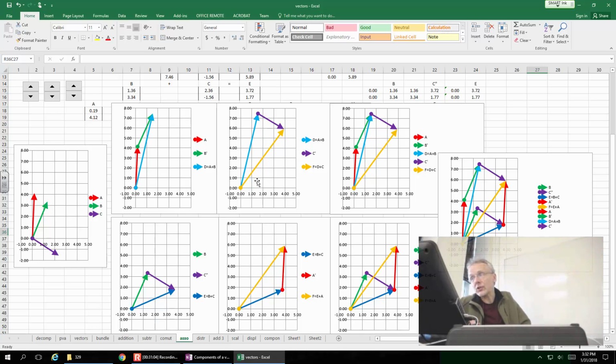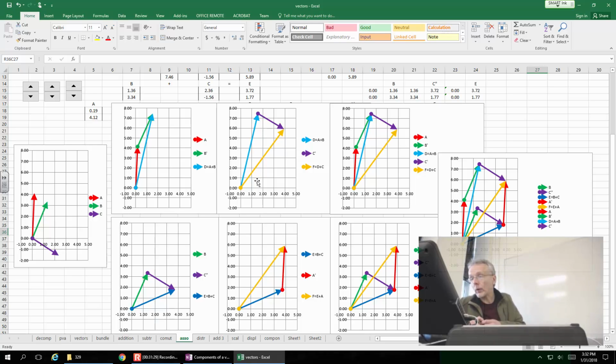Then I'm picking vector C, the purple one. So D is equal to A plus B, and adding C, I'm getting F equal to D plus C. It connects right to the endpoint. The yellow one is supposed to be our sum.